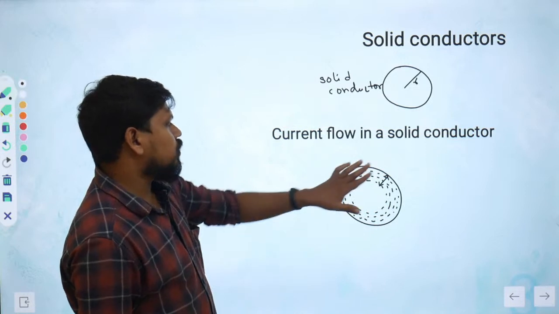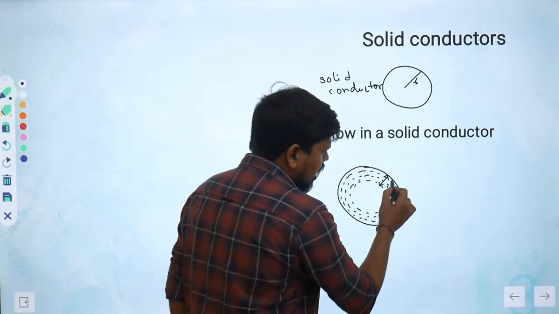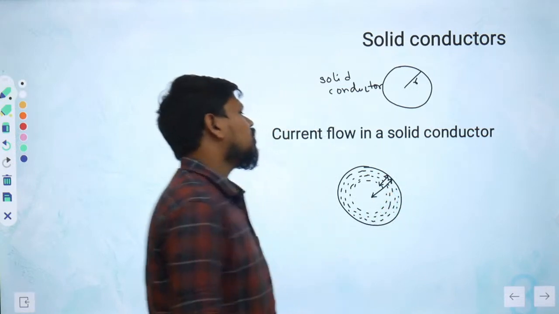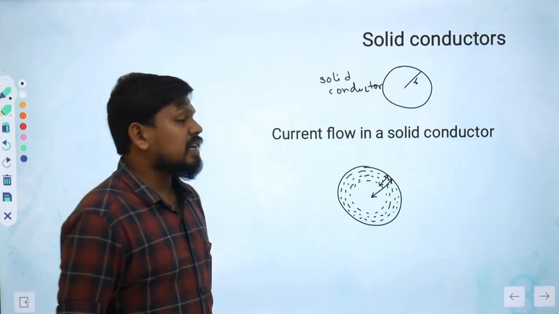We do not get current flow over the entire radius, only near the skin. So this is our skin effect.